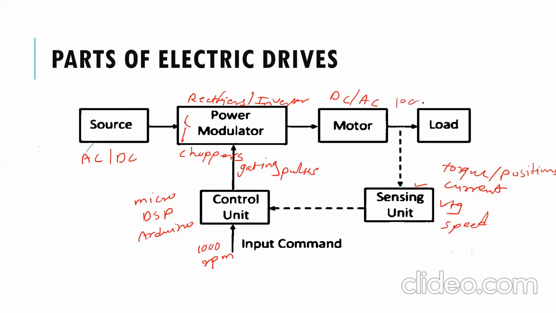This means the motor performance will be equal to whatever input command you have given. We will see one example, and we can compare that example with this block diagram.